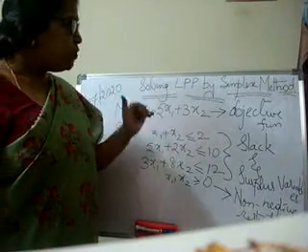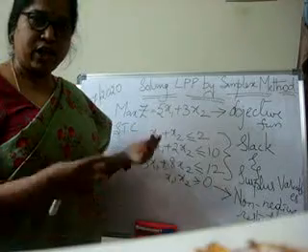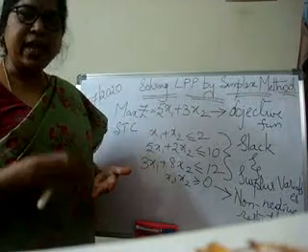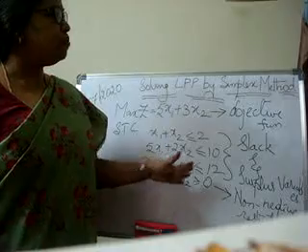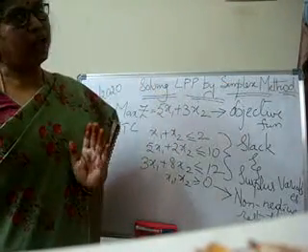Our task is to convert this LPP, which is in the canonical form, into a standard form. Later we have to solve it by simplex method according to the steps in the algorithm.